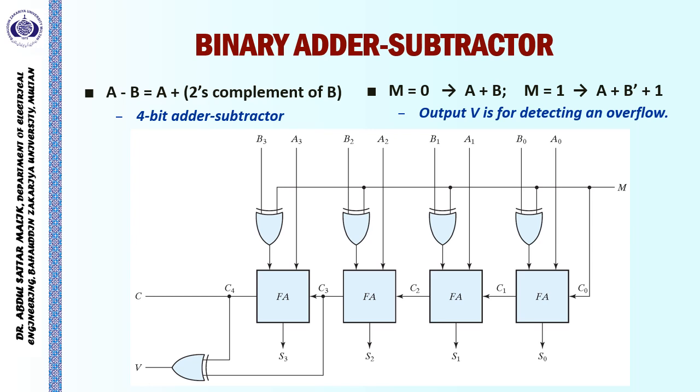The next thing that we have to take into consideration is the carry over here. The most significant carry is shown as carry C, and we have also taken the carry output of the most significant bit and the carry into the most significant bit, C3, to an exclusive OR gate, and that output is named V. This V is called the overflow.